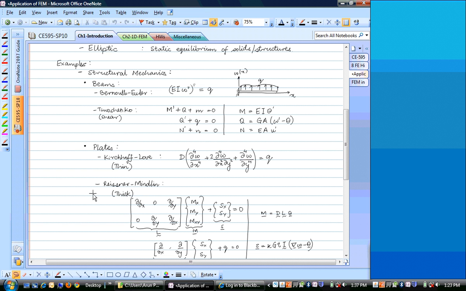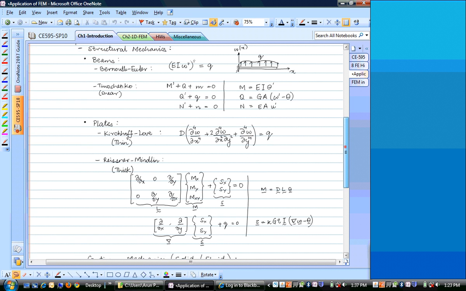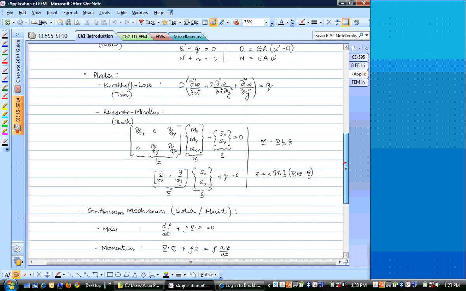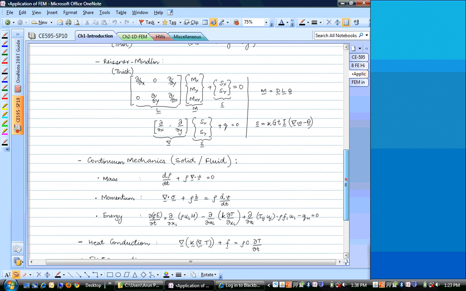And on the other hand, you have the Reissner-Mindlin plate theory, which is similar to the Timoshenko beam theory. So in the Reissner-Mindlin thick plate theory, we allow for shear deformations. Okay, and again, we will talk about these theories much more in detail later in the course.